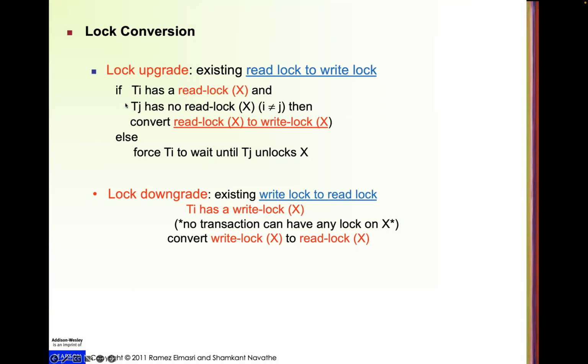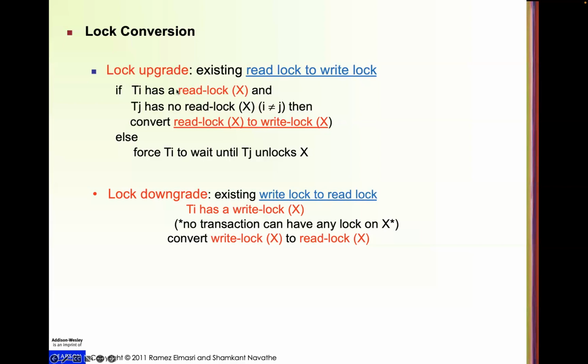How do we do that? If transaction T1 has a read lock and transaction T2 has no read lock, so T1 is not equal to T2, then convert the read lock to the write lock. For example, here T1 is reading, T2 wants to upgrade it to a write lock.